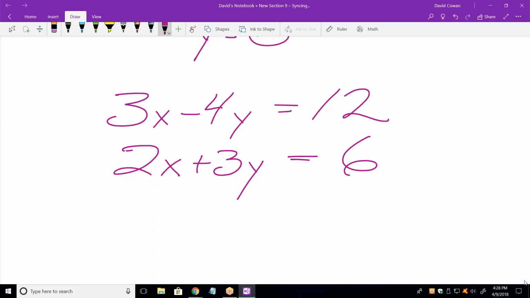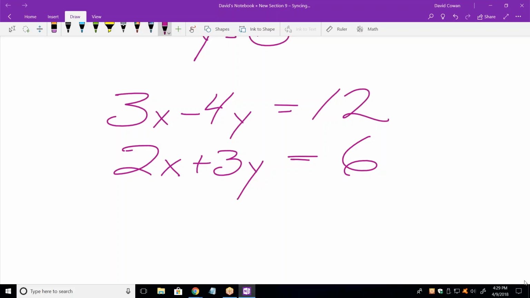Actually, it's a lot harder. You're not going to find too many that are harder than this until we get to 3 equations and 3 unknowns. But you have to be able to do all kinds of 2 equations and 2 unknowns before you have any shot at 3 equations and 3 unknowns.